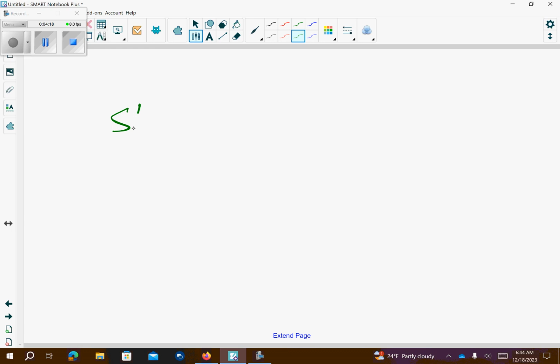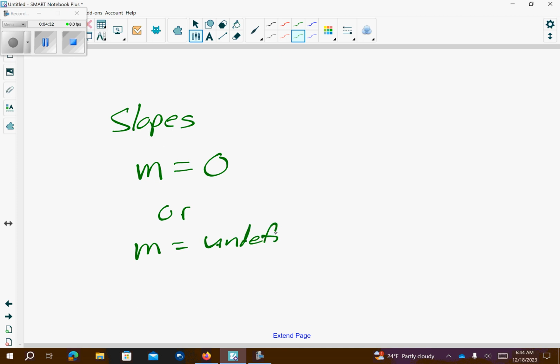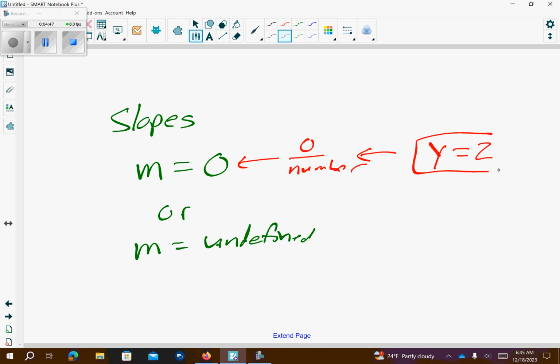Remember, as far as slopes go, if you solve it and get m equals 0, or you get m equals undefined: when you get 0 on top and a number on bottom, that would just be y equals whatever the repeated y value is.